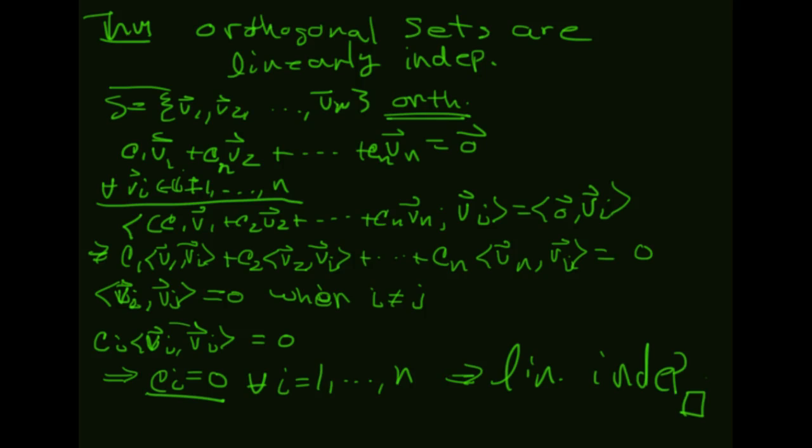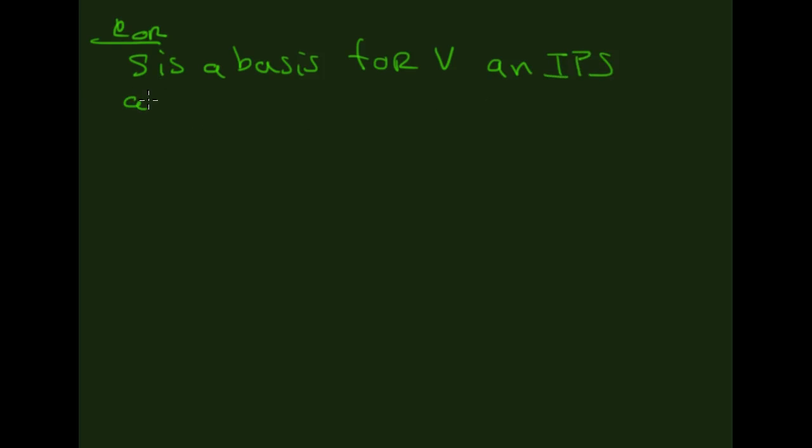Okay, we're going to get a corollary from this that's a little bit more useful than the theorem itself. So the corollary says that if S is a basis for V, an inner product space, right? And the size of set S is equal to n, so S would have to be finite here, right?